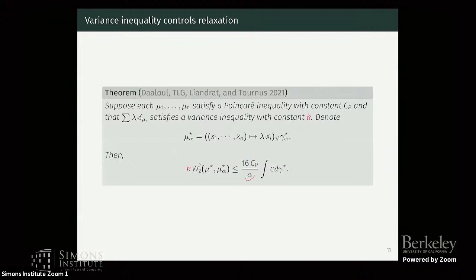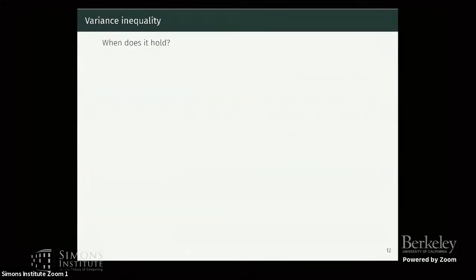We had an extra assumption that the marginals from which we want to take the barycenter satisfy a Poincare inequality. Actually, it's not very necessary. We have a slower rate without this. But the important part being, I think, the variance inequality, with constant k. So when does this variance inequality hold?